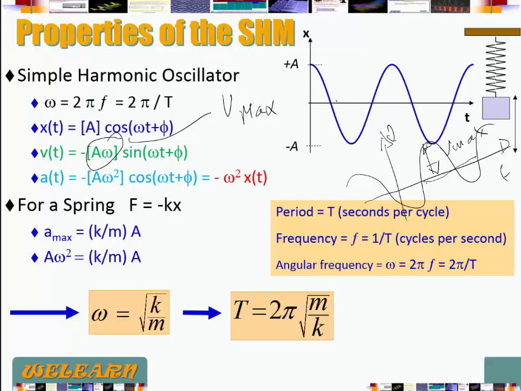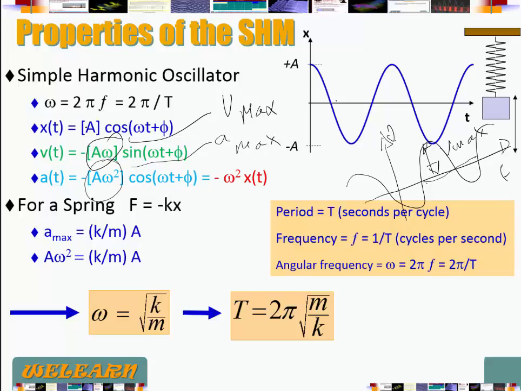The acceleration is going to be given by minus A omega squared cosine of omega t plus phi. Notice here that my maximum acceleration, or the amplitude of the acceleration, a max, is A omega squared.